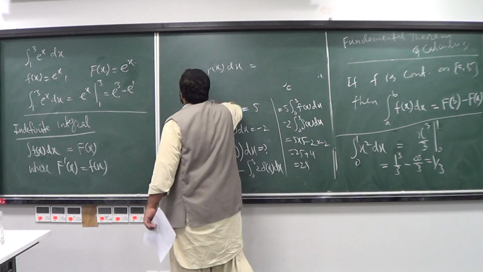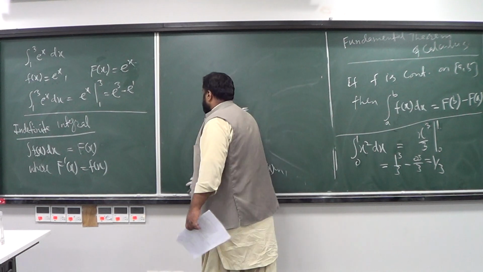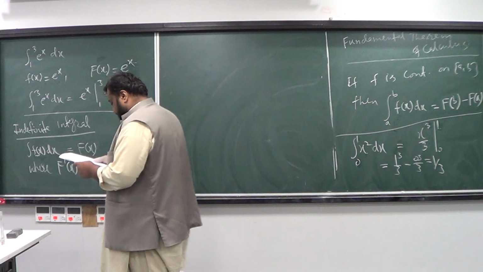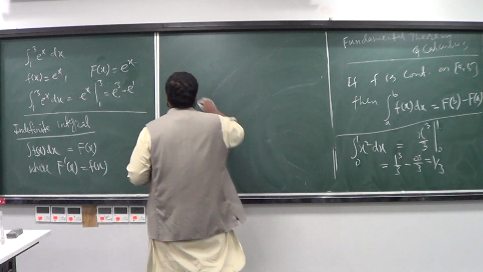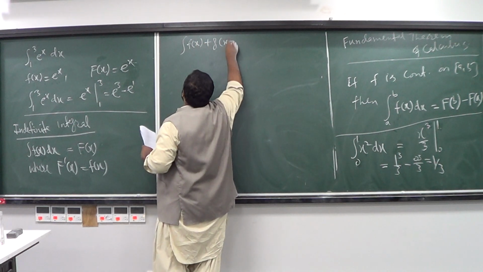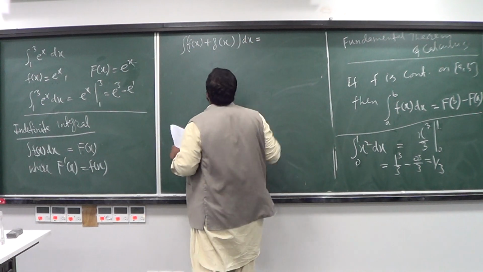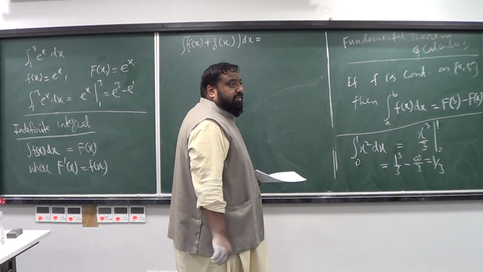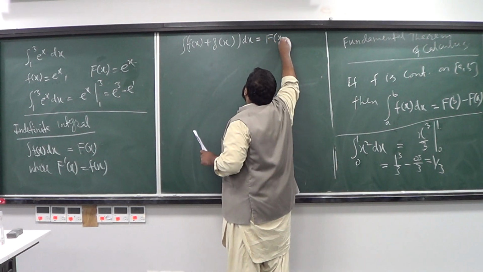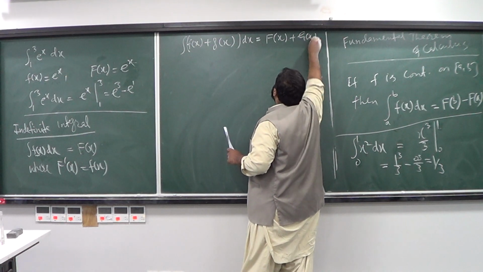Let's make a list based on it. First, you need to keep this property as well: the antiderivative of f of x plus g of x is the sum of the antiderivative of f and the antiderivative of g of x.